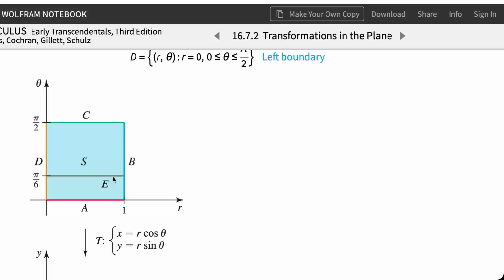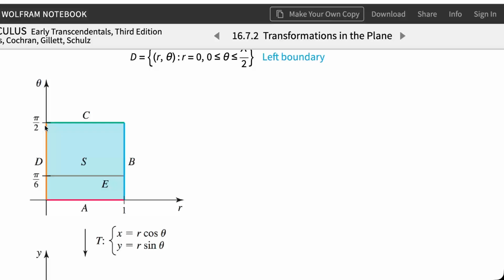Okay? The whole line along this edge has R equal to 0, and theta is running from 0 all the way to 90 degrees. Okay, what is that? Well, if the radius is 0, you're at the origin. And so all the points along this line get mapped to the origin.